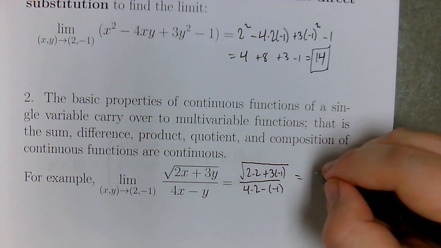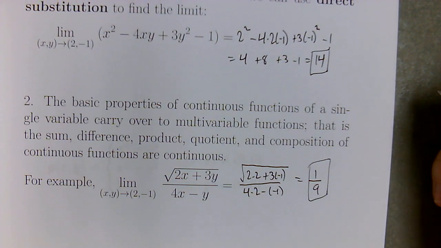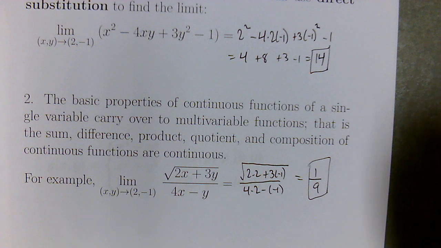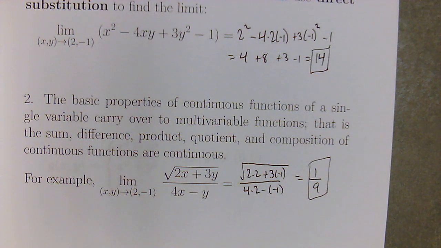Let's see, this is root 1, and then this is 9. So we have 1/9 there. So all the limit laws that you're accustomed to in Calculus 1, where you can move limits in and out of square roots or other powers or logarithms or sines or cosines, all of those work here as well.